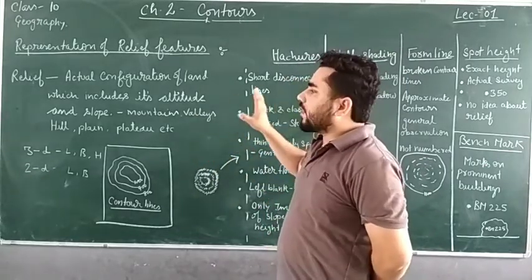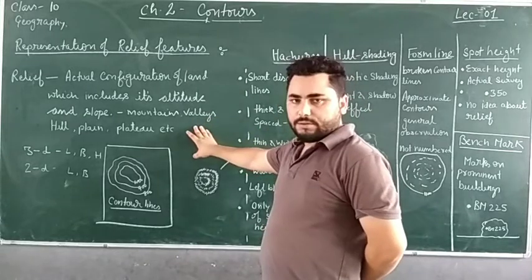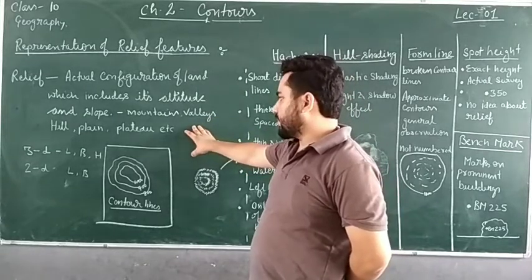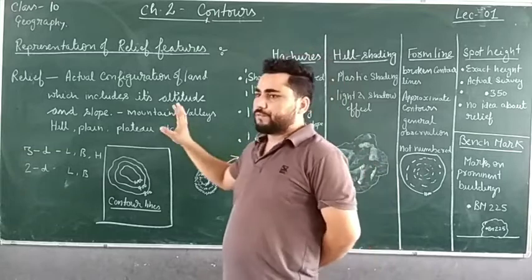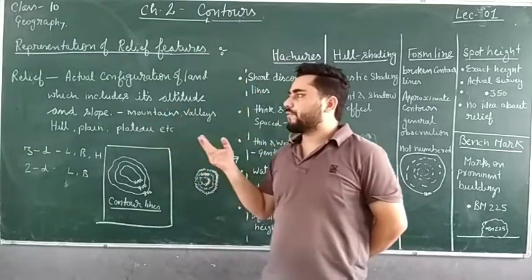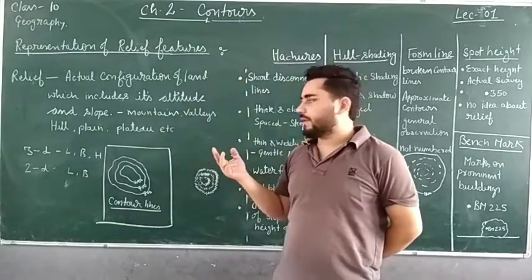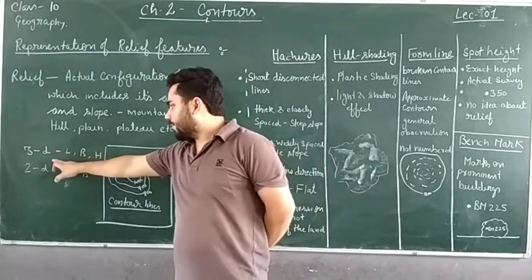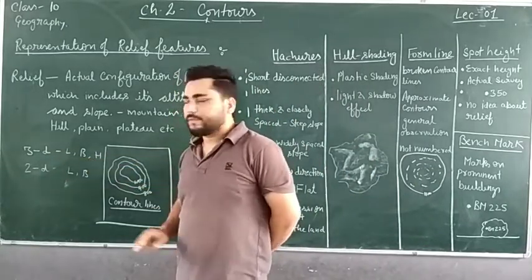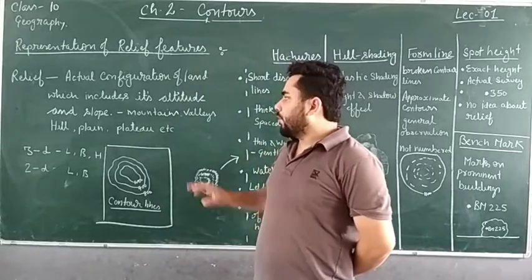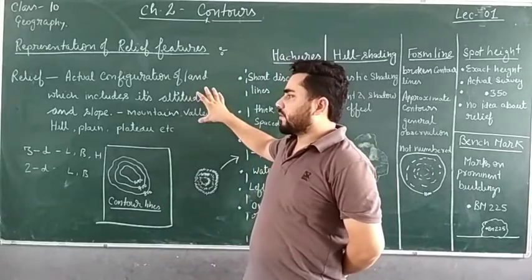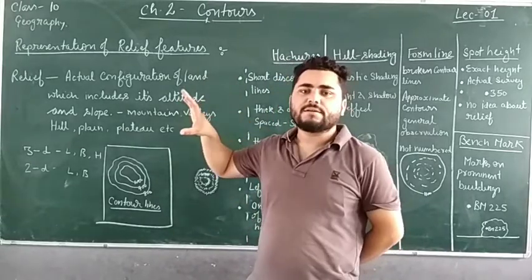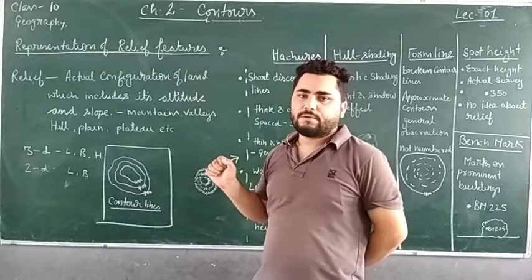Now these are the relief features: mountains, valleys, hill, plain, plateau. These all things have three dimensions: length, breadth, and height. Now, these three things can be represented on a piece of paper.